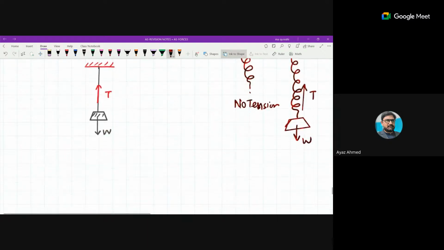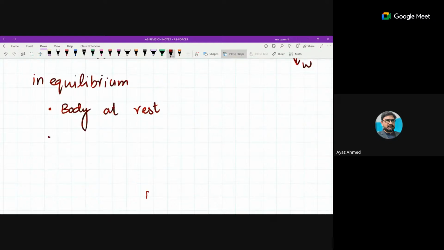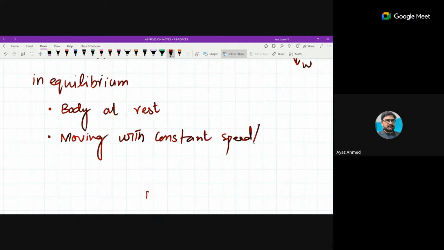Okay, so when we say that the object is in equilibrium, then the situation is a bit different, right? Equilibrium means two things: either the body is at rest, or moving with constant speed, or rather you can say constant velocity.